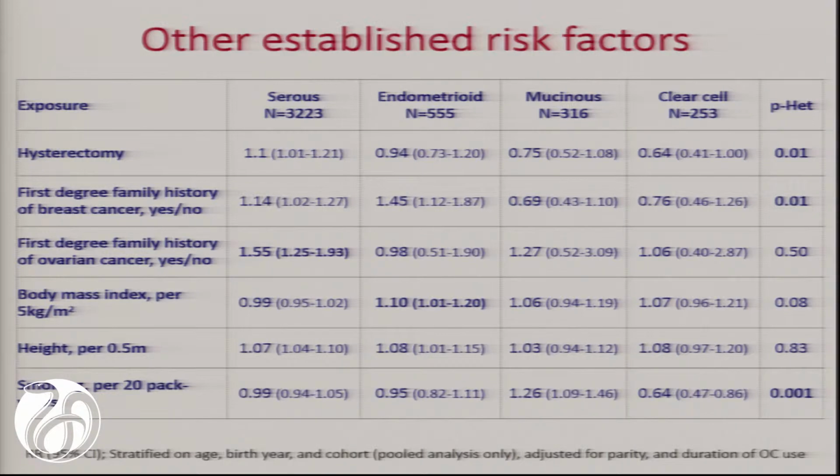And finally, smoking with very different directions. Again, we see an association with mucinous cancers that has been known before. We see a very strong inverse association with clear cell cancers. Again, we know that smoking is inversely associated with endometrial cancer, and those are interesting findings that we now have to put together into the disease models.